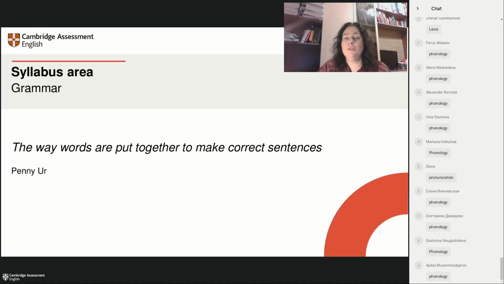But to put it simply, we can just rely on Penny Ur's definition. She mentioned that we often define grammar as the way words are put together to make correct sentences, right? And what we need to consider to make these sentences correct, obviously.